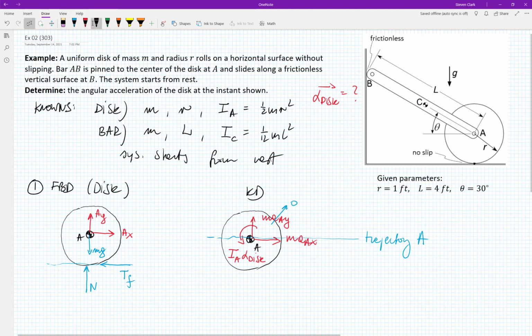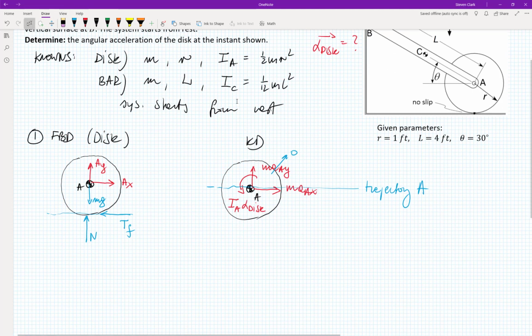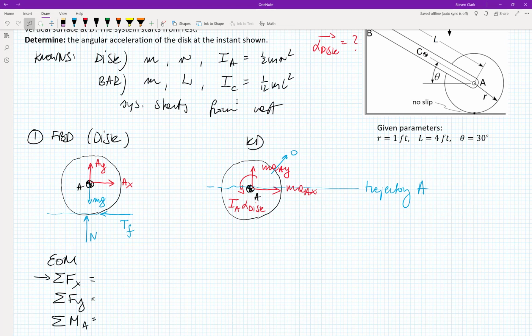Okay, guys, EOM. So let me prepare the board, sum of forces and sum of moments about A. Okay, what happens in the x direction? We have two forces, Ax minus Tf, and this is equal to m a_Ax. How about y direction?